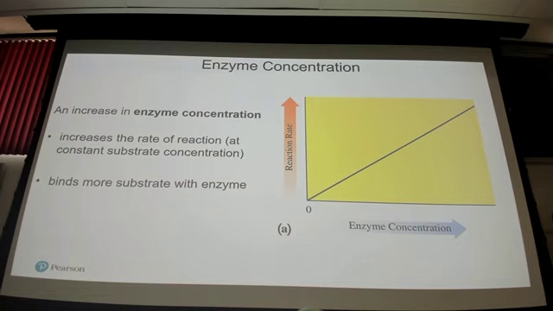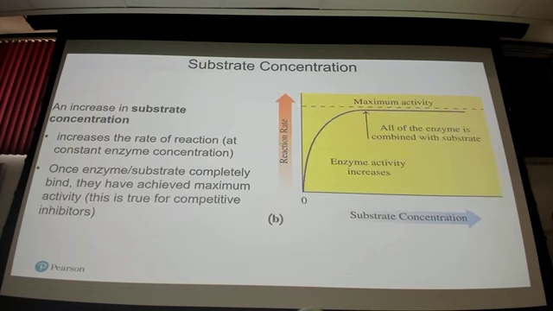So at a constant substrate concentration, if we increase the enzyme concentration, that's gonna increase the rate of reaction because there's more enzyme that the substrate can interact with. And at a constant enzyme concentration, when we increase the substrate concentration, the reaction rate will increase, but only to a certain point.